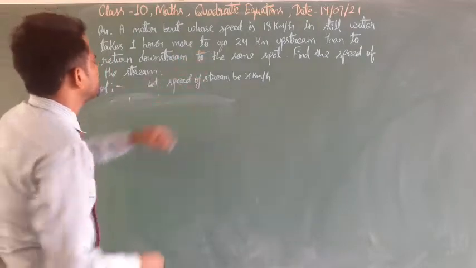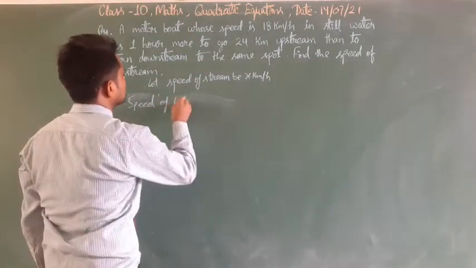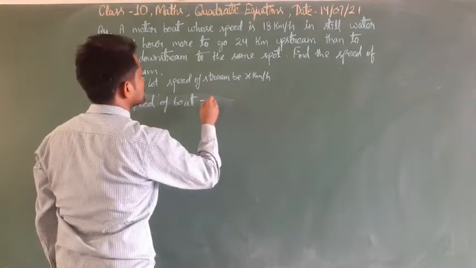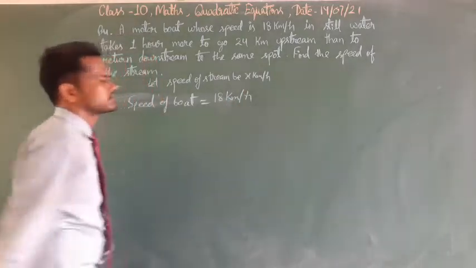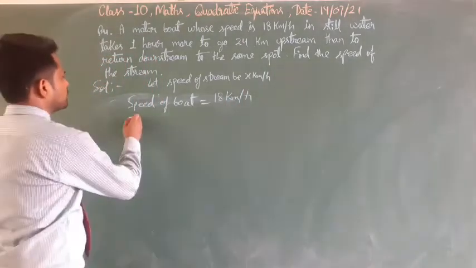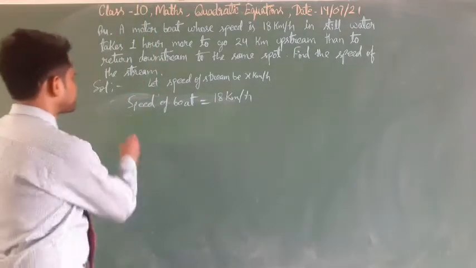Here the speed of boat is given that speed of boat is 18 km per hour. Now what will be the speed of boat in upstream?